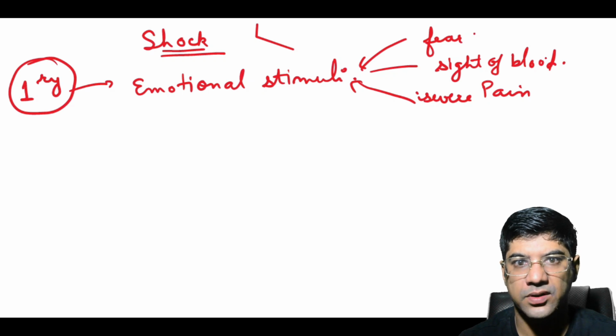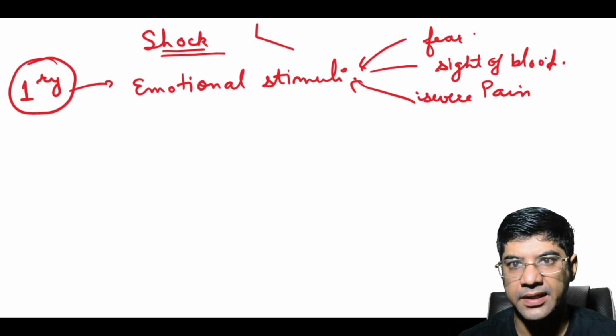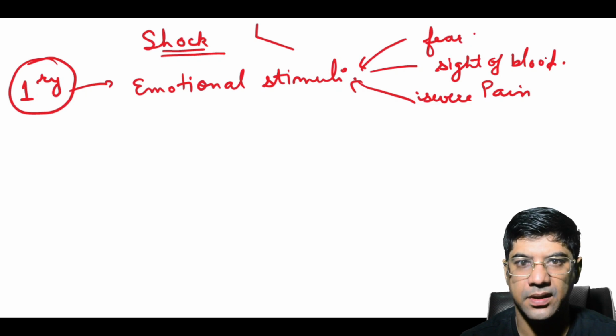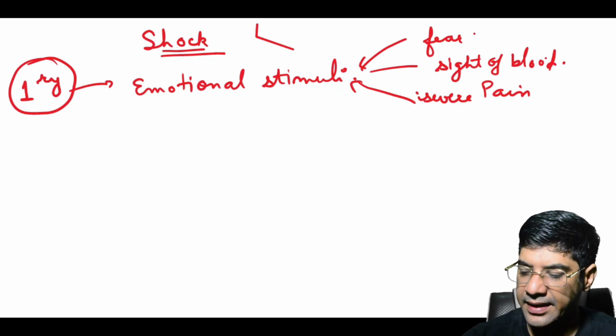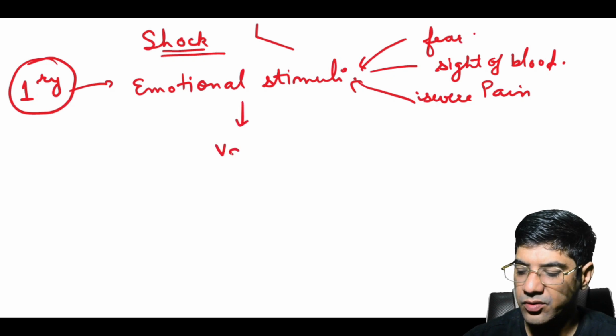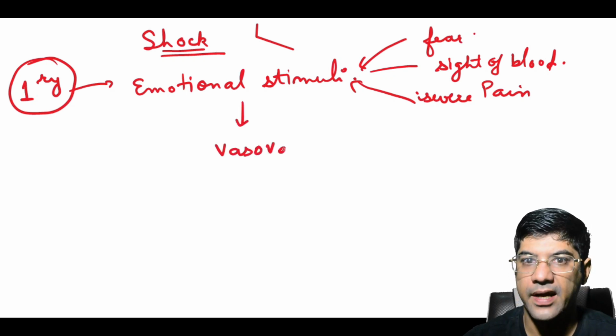Now, pathophysiology. This type of shock is associated with sudden emotional response, like extreme pain, fear, or even the sight of blood. What these stimuli do, they will trigger the autonomic nervous system, specifically the parasympathetic nervous system, that leads to vasovagal action.